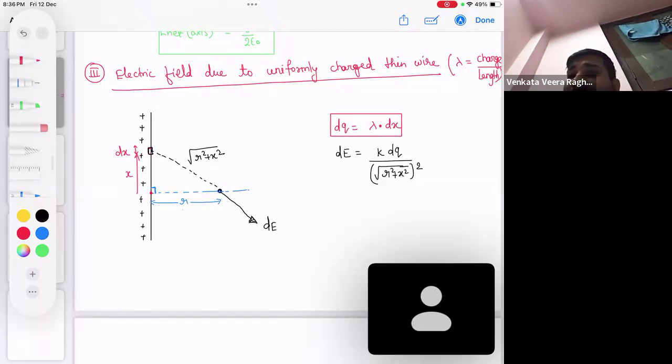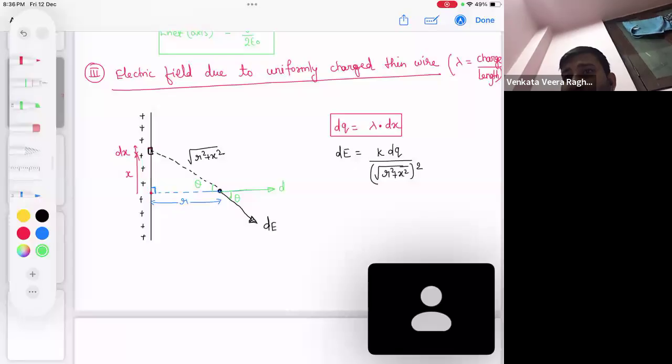So before starting my integration, I am going to take the components first. Please tell me, if I consider this angle as theta, so this angle is also theta. That means this field is going to have two components. One component is dE cos theta, and the other component is dE sin theta.